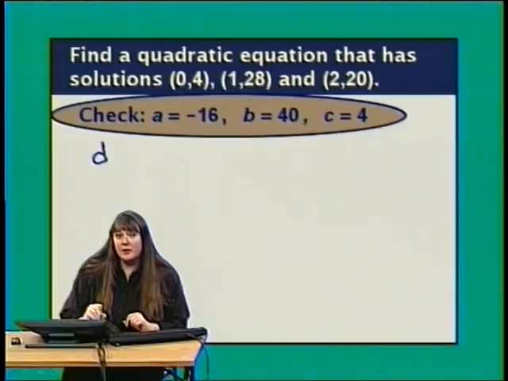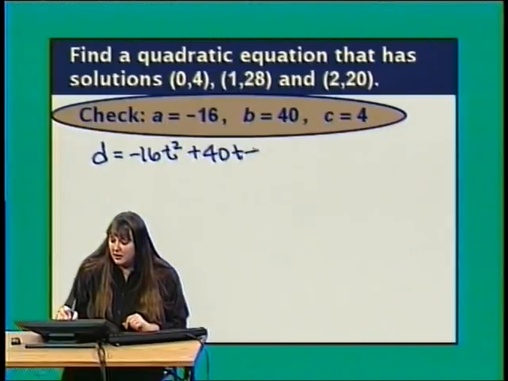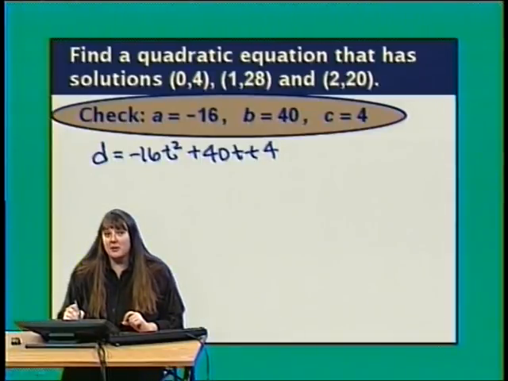So using the variables that I defined, d equals negative 16 t squared plus 40t plus 4 would be the quadratic equation that I came up with. Now I want to make sure that the ball really was 4 feet in the air when it was kicked, 28 feet in the air 1 second later, and 20 feet in the air 2 seconds later.